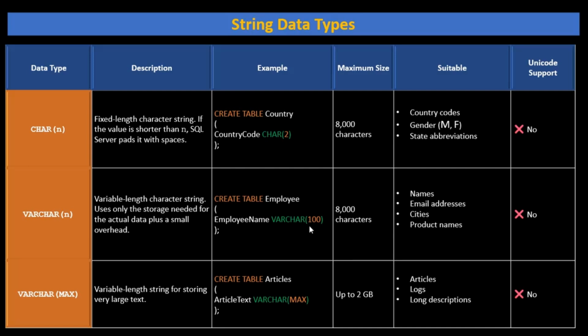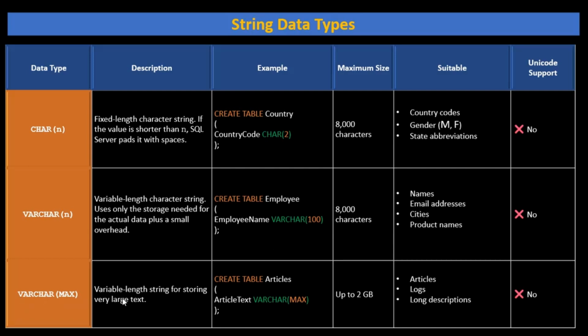So we use varchar data types because it only uses the storage needed for the actual data plus a small overhead. If the character length we specified here is 100 and the employee name we enter is of 10 characters, the remaining space is generally free. We can use that space for something else.